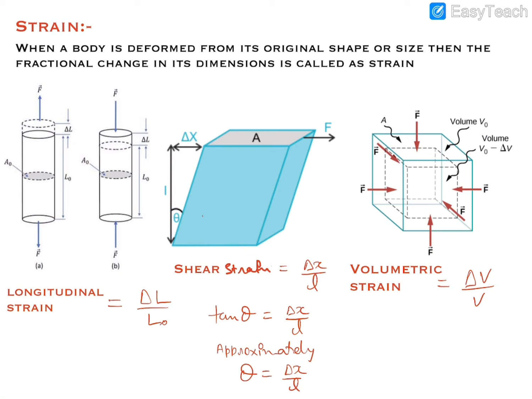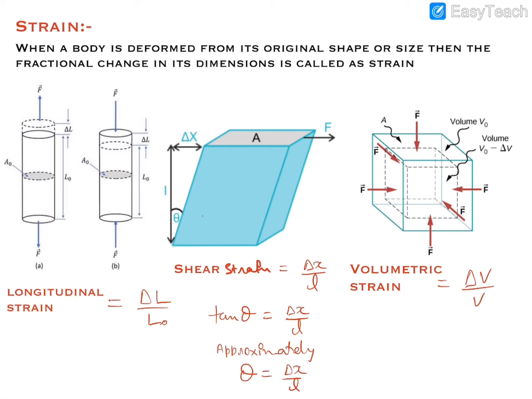So numerically we will take the restoring force equal to the external applied force. That doesn't mean that we are defining stress as external force per unit area. In fact, stress is the restoring force per unit area developed in a body when it is being deformed.